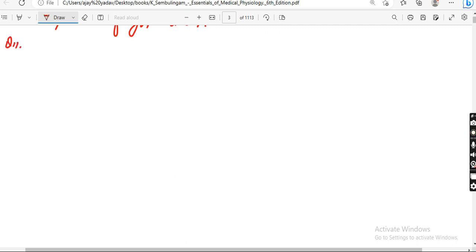Question number 11. Haloform reaction is used to prepare. Okay, you can just read, haloform reaction is used to prepare. Okay, you can tell me.